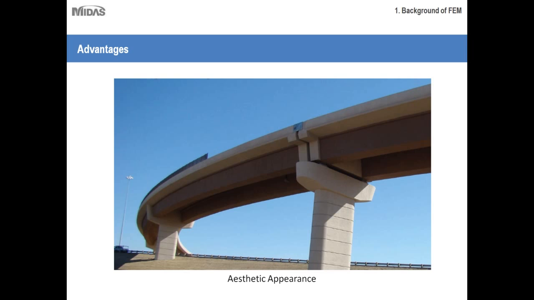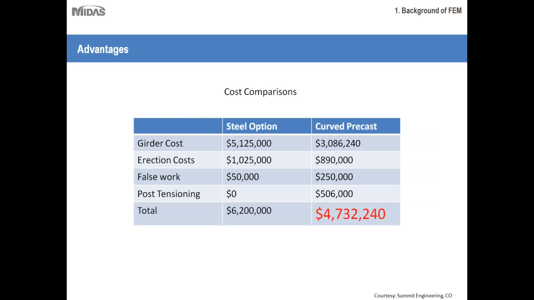Whenever we talk about curved girder bridges, we always consider it to be a steel structure. So let's see how this type of concrete spliced girder bridge compares to a curved steel girder bridge. This is a cost comparison.